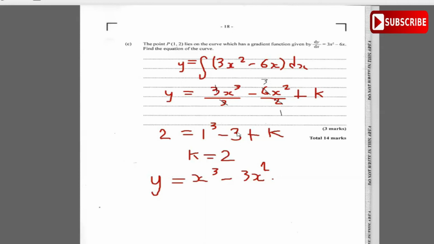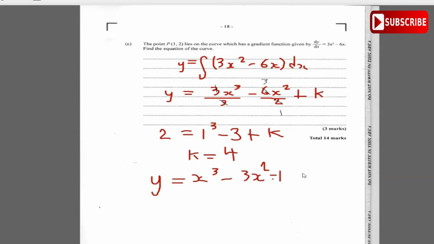And 1 minus 3 is negative 2. Then we can carry over the negative 2 to get plus 4. The k is plus 4. All right, so y is equal to x cubed minus 3x squared plus 4.